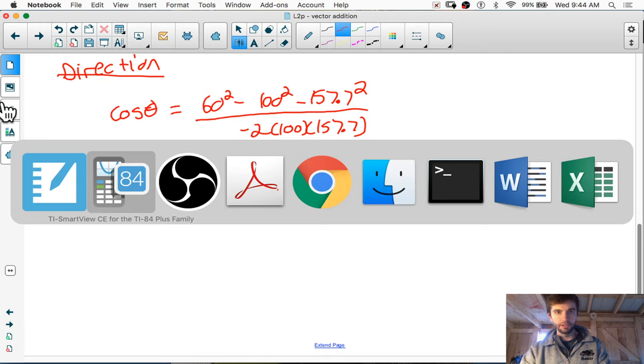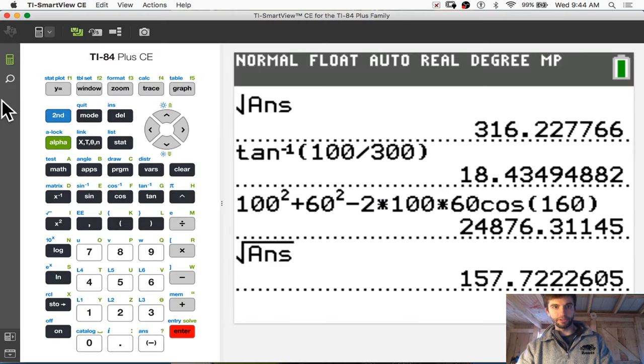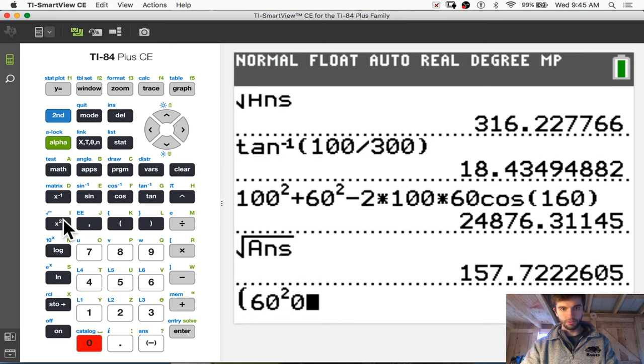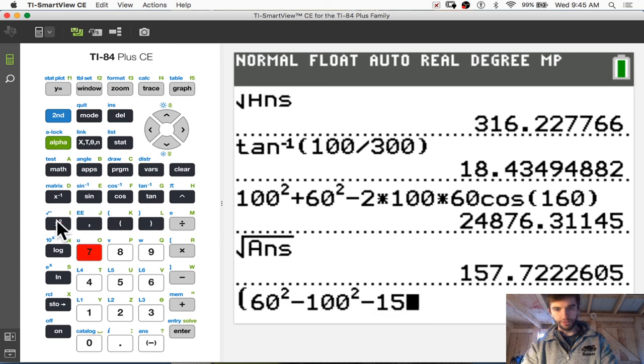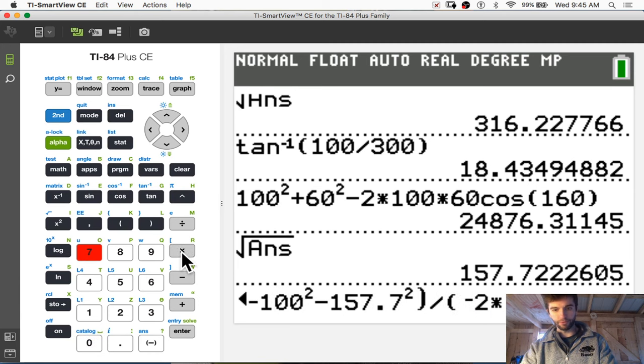angle. So it was 60 squared minus 100 squared minus 157.7 squared divided by negative 2 times 100 times 157.7.